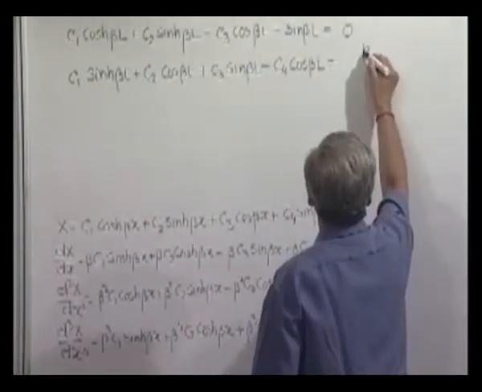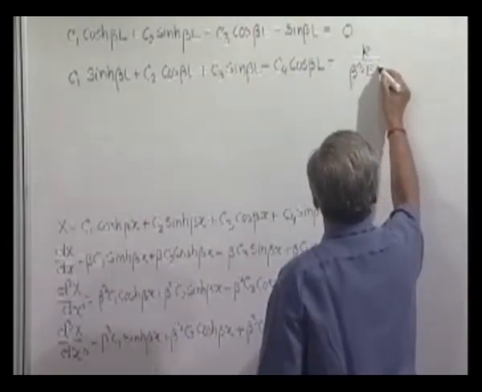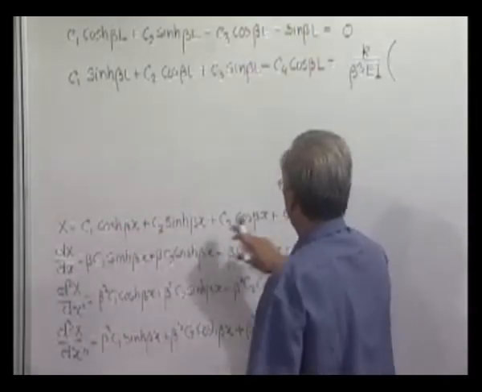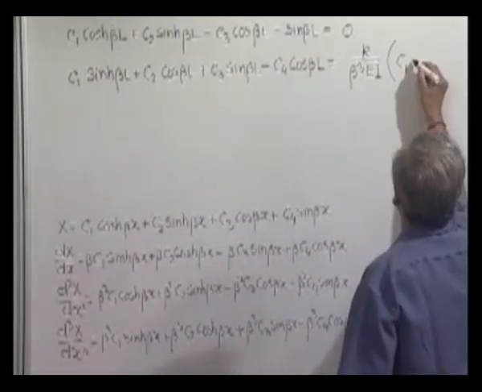So it will be k by beta cube EI and the value of x at x is equal to L. So it will be C1.